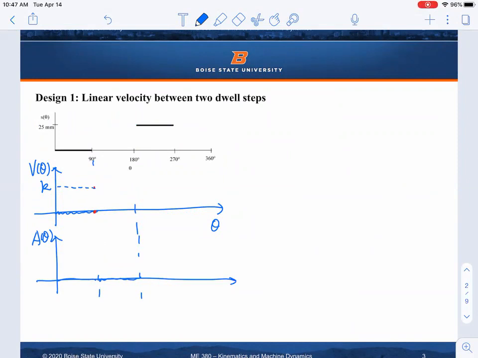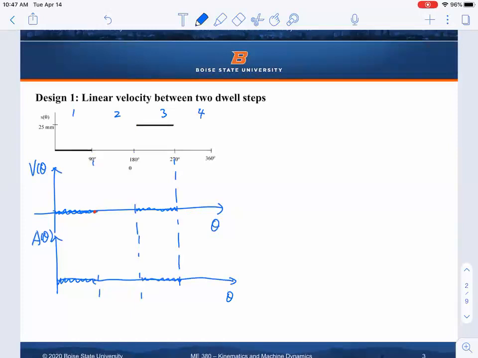We already know that in segments 1, 2, 3, 4, in segments 1 and 3, your velocity is 0, and your acceleration is also 0, right? So that's what we already know.